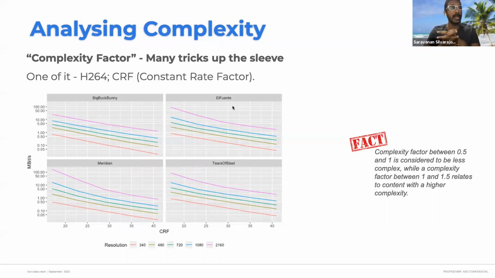And one of the ways that we've done it is to use the CRF, the constant rate factor from the H.264 codec. In CRF, a lower CRF value will typically output a higher bit rate. It indicates that I want a higher quality. And at a higher CRF value, you're indicating I want a lower quality, so it's typically a lower bit rate, right? And in this diagram here, the top left-hand corner, Big Buck Bunny, it's cartoon content.